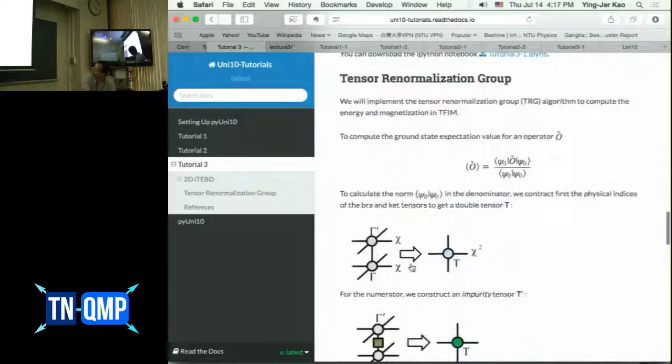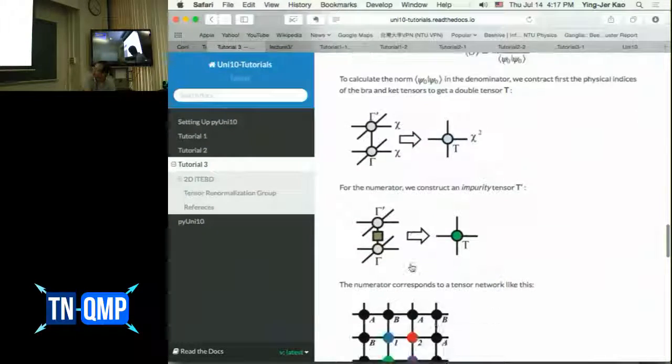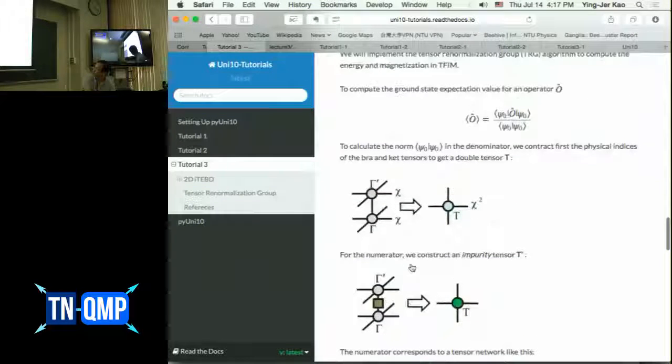So the second part is doing TRG. Just a brief summary: we are contracting this double tensor network. Either we have to compute this norm, which is a bracket, so the physical indices are contracted first.